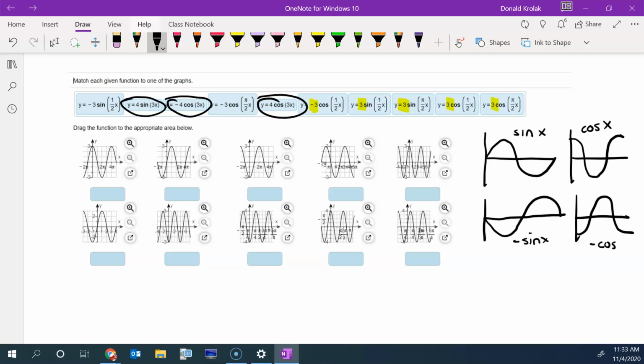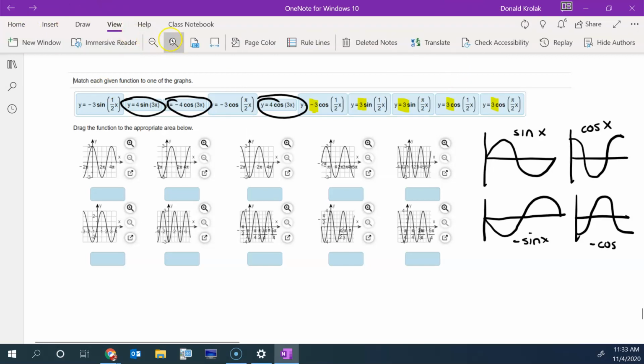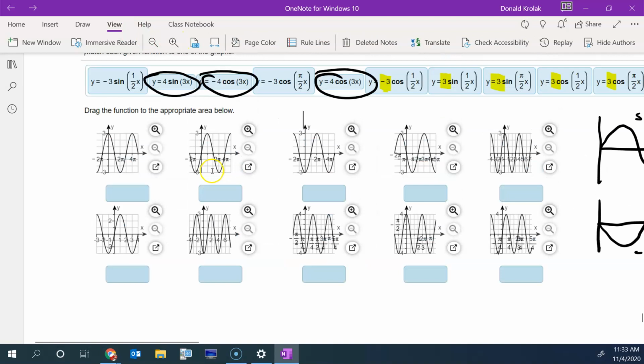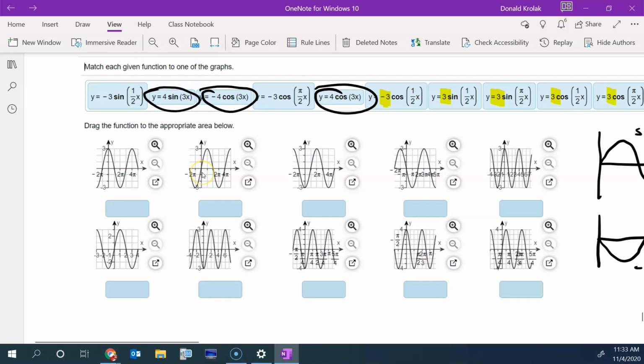All right, so if I was doing this problem, I'm looking for a regular sine that has an amplitude of 4. So remember the ones I'm looking at here, amplitude of 4, amplitude of 4, amplitude of 4. So it's got to be one of these three.